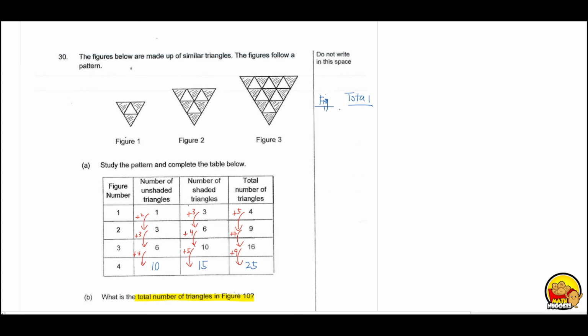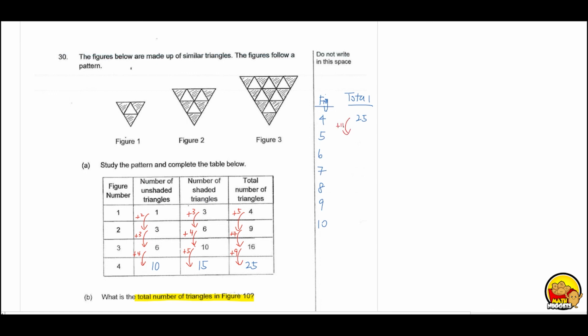From the table figure 4, we know that the total is 25. So next, to get figure 5, 6, 7, 8, 9, 10, we will just have to add.